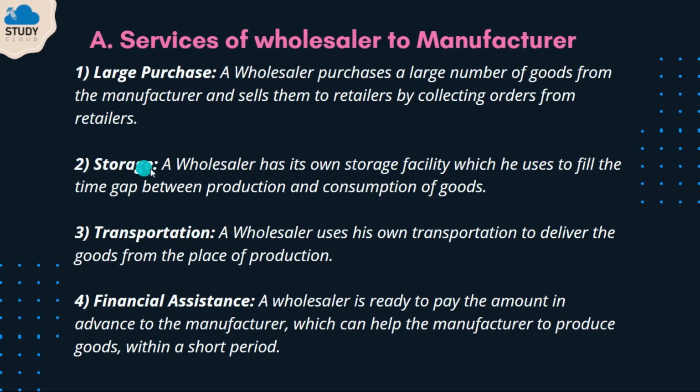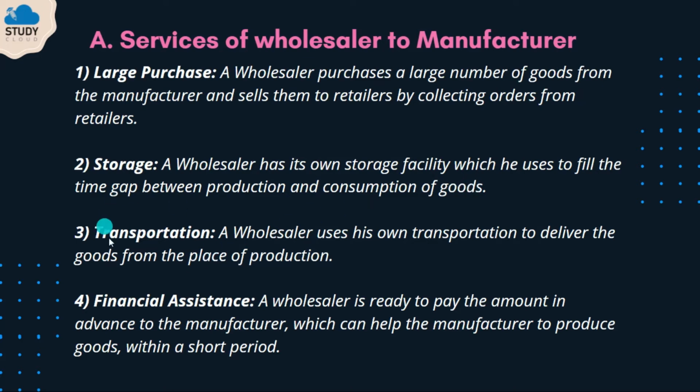Second is storage. A wholesaler has its own storage facility which he uses to fill the time gap between production and consumption of goods. The producer will produce certain goods, but they will not keep them at their location. The wholesaler will take all those goods and keep them at their particular warehouse, and further those goods can be used for consumption by the consumers when the wholesaler sells those goods to retailers.